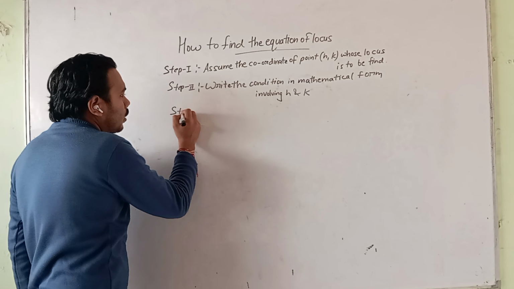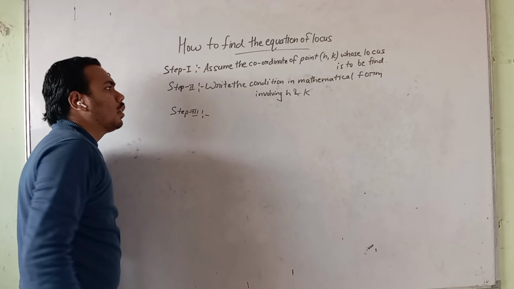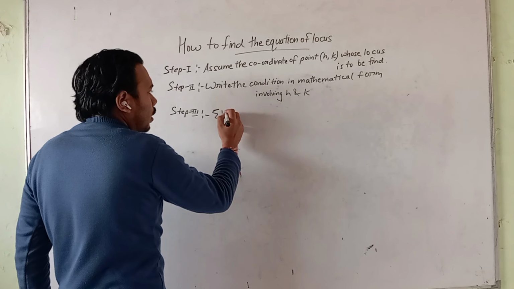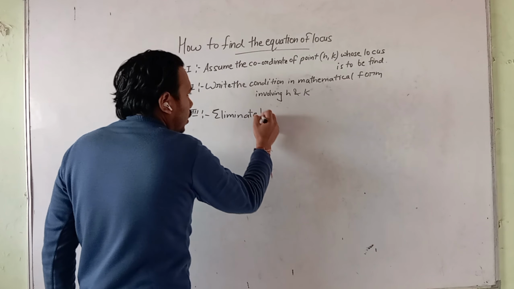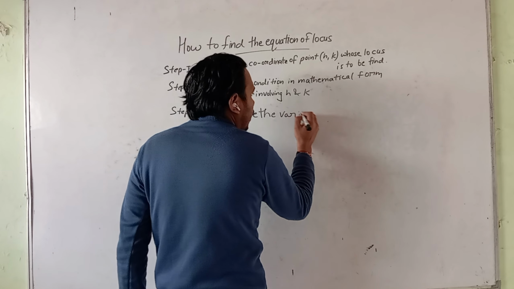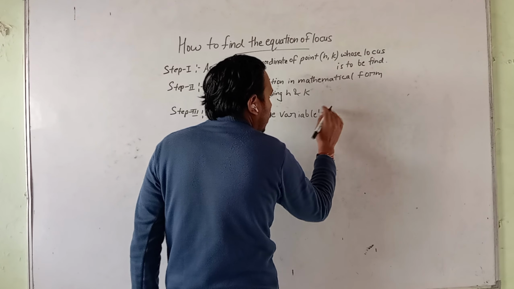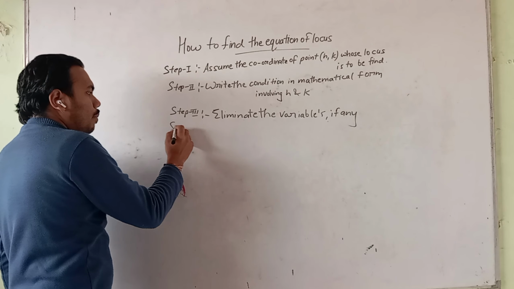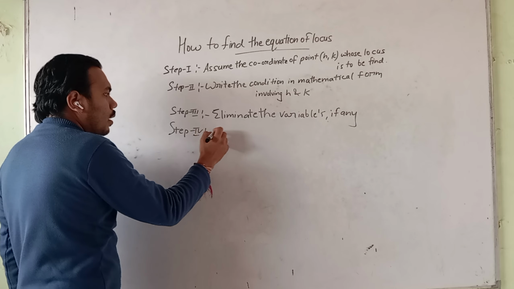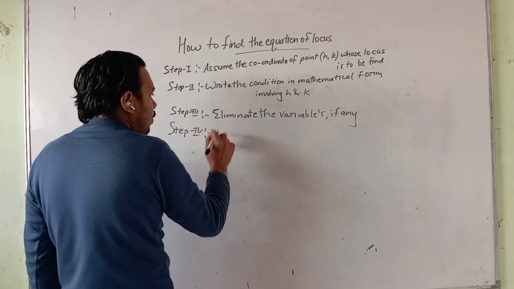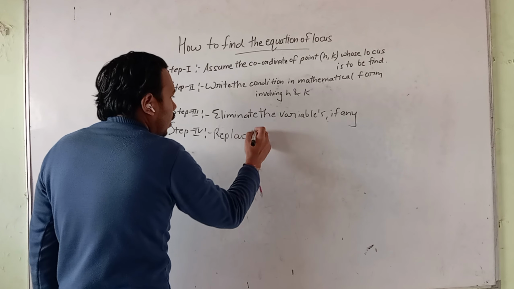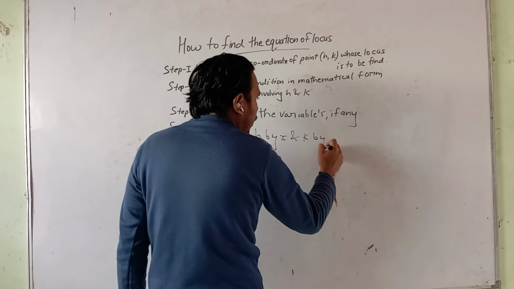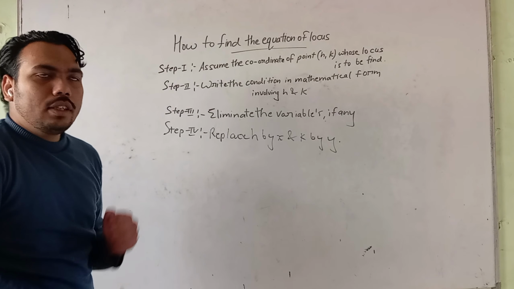Then step 3 is eliminate the variables, if any. And the last step is replace h by x and k by y, and then you get the equation of locus.